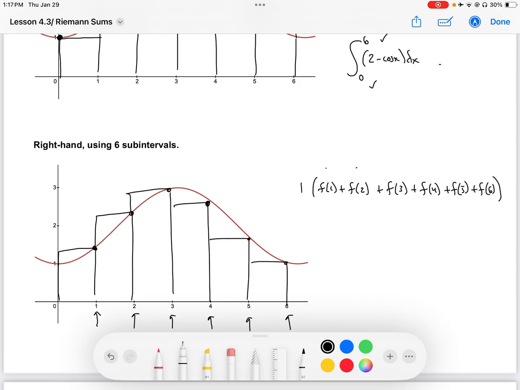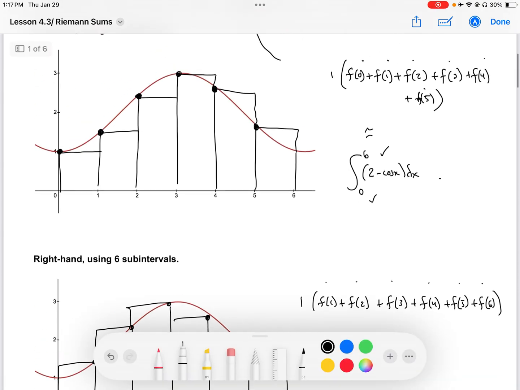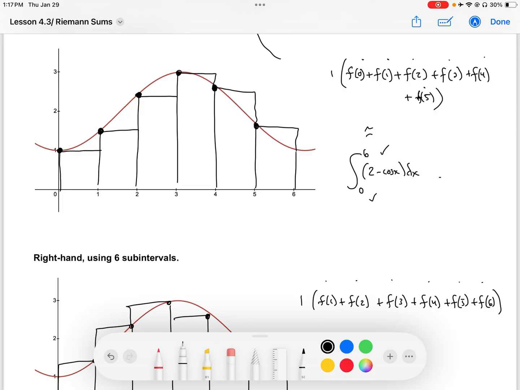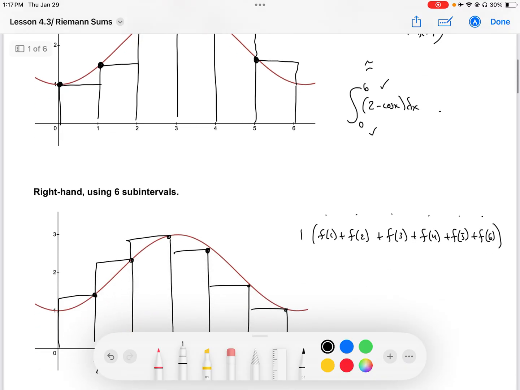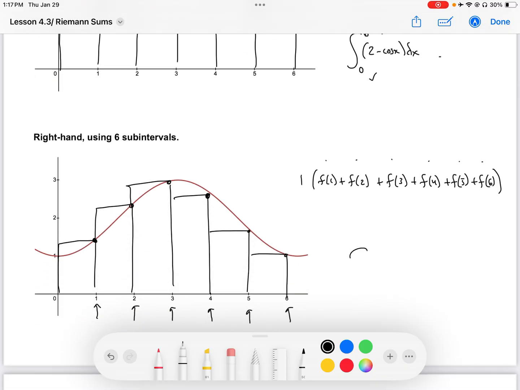And again, that's 1, 2, 3, 4, 5, 6. We're starting at 1 and going to 6, which is 6 things, as opposed to starting at 0 and going to 5. Okay, and that also approximates the area from 0 to 6 under 2 minus cosine x. This is approximately equal to this.